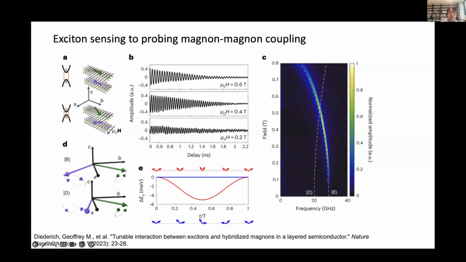They were able to observe that these dark and bright modes, the in-phase and out-of-phase modes, can become hybridized, and then it can become a bright mode. If you're interested, I recommend reading this paper. It's a very neat work.